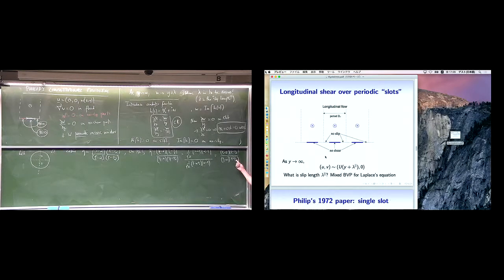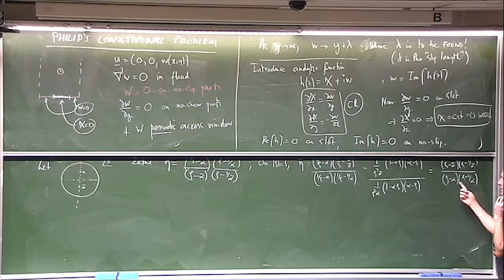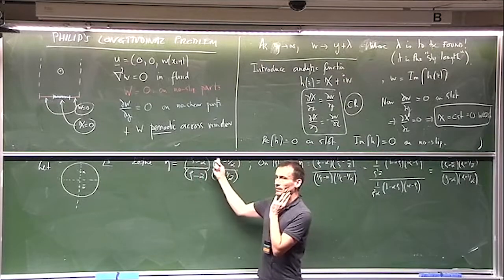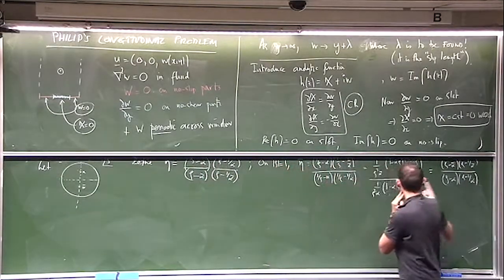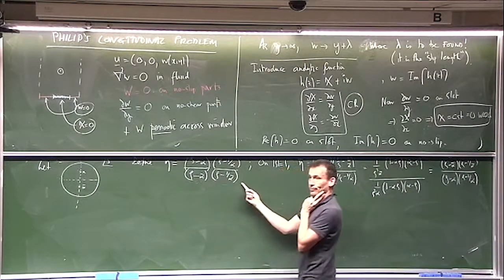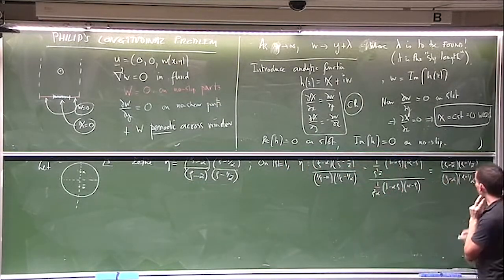What do you notice about this? Look at this. This thing is precisely this thing. And this thing is precisely this thing. So this is 1 over eta.